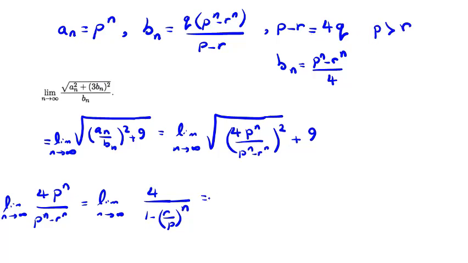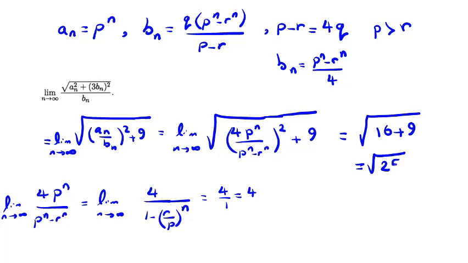So here it will be 4 over 1, which will be 4. Now, in this case, this part is 4, the limit of this, we can get rid of that. 16 plus 9, because 4 squared plus 9 equals the square root of 25, which equals 5. So the answer equals 5.